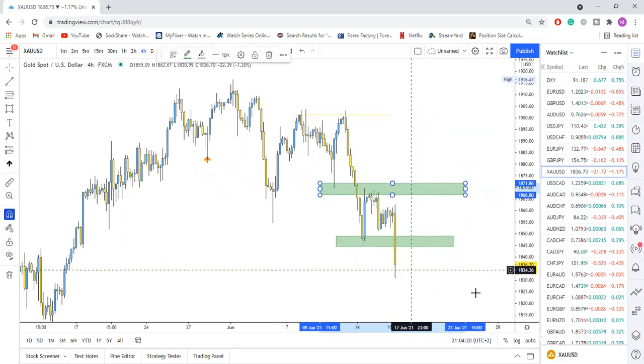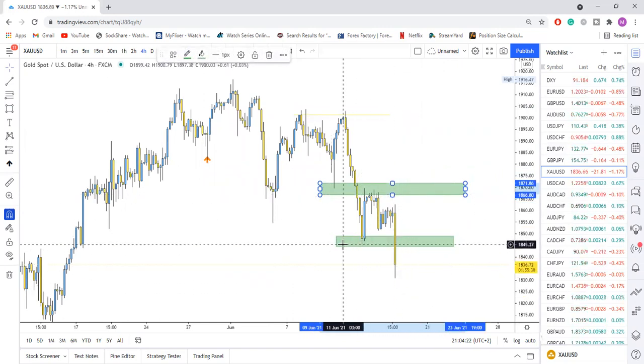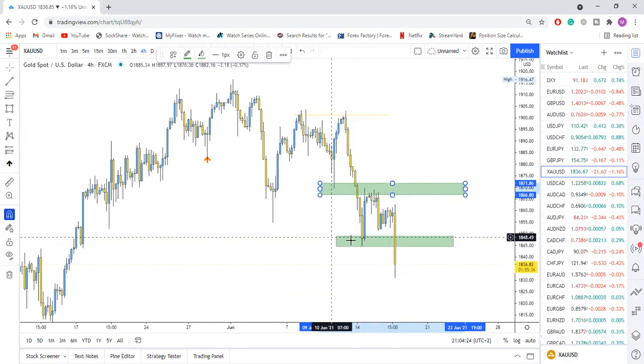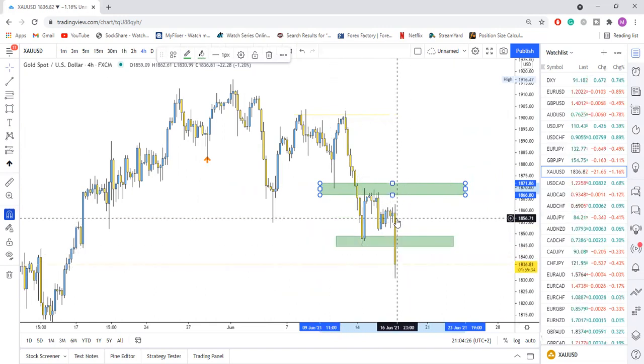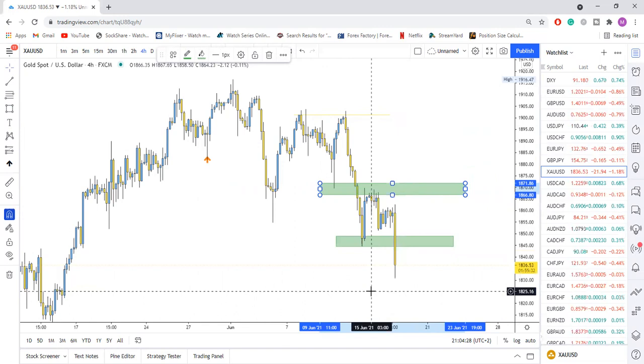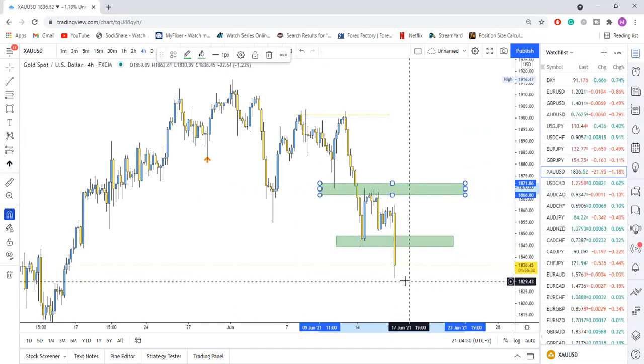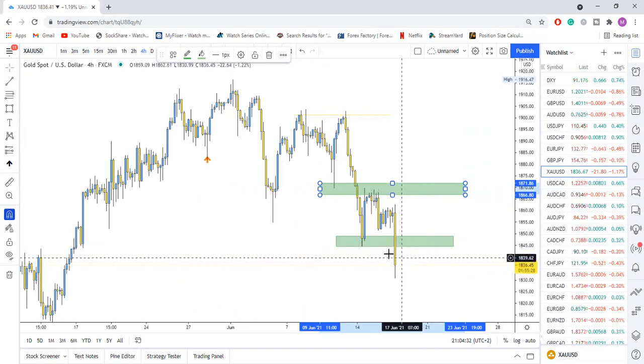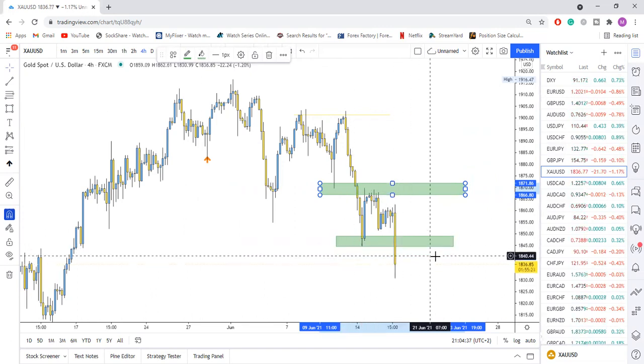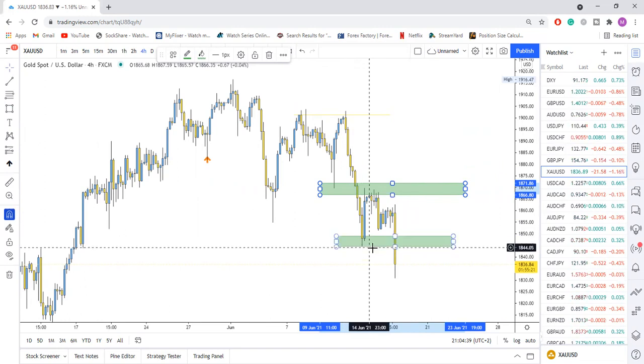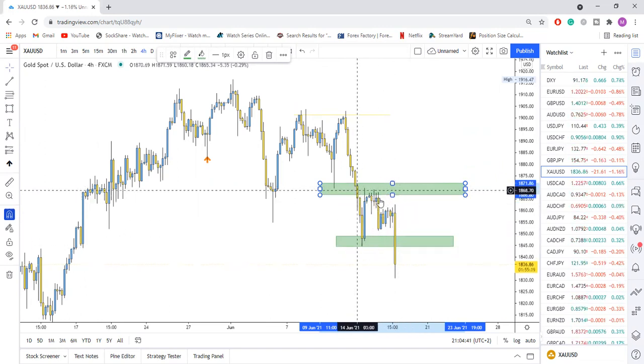So what can you see here? If price does close below this level, you need a closure below this level. So if price pulls back and closes above here, I wouldn't necessarily call this a lower low, because I need the body of the candle to close below this previous low, and then this will become a lower high.